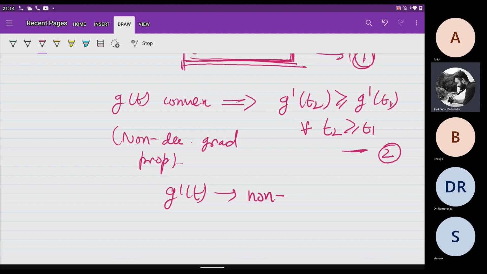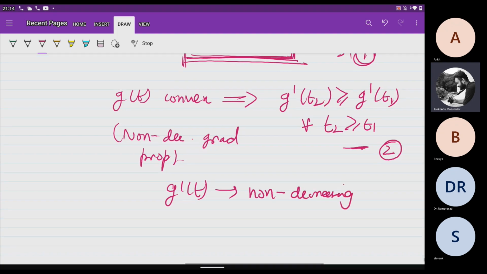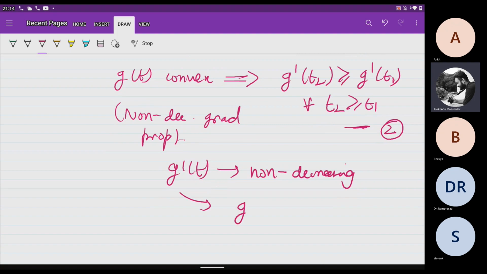Non-decreasing means that if I take the double derivative, it will also be greater than or equal to 0.